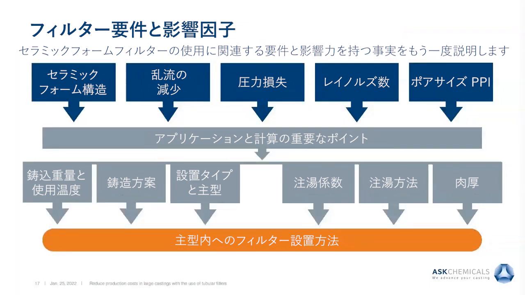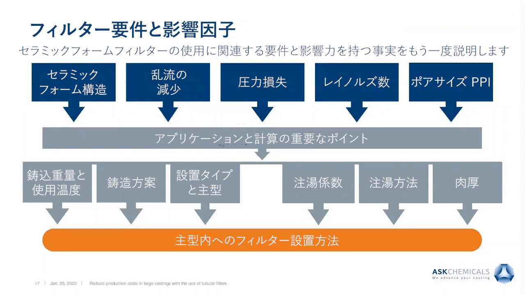Here once again some requirements and influencing factors which are connected with the use of ceramic foam filters. That is only a little bit more theory, but it is describing really what the foundry guy has to struggle with every day.